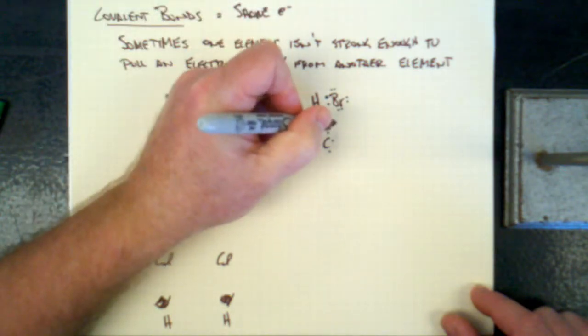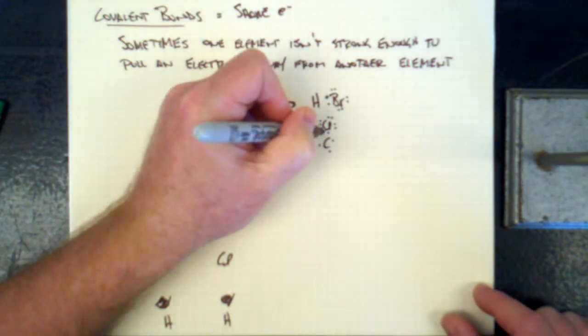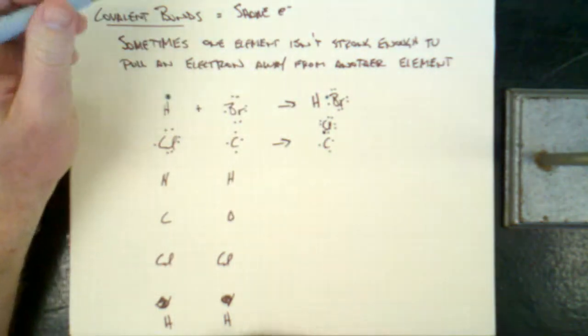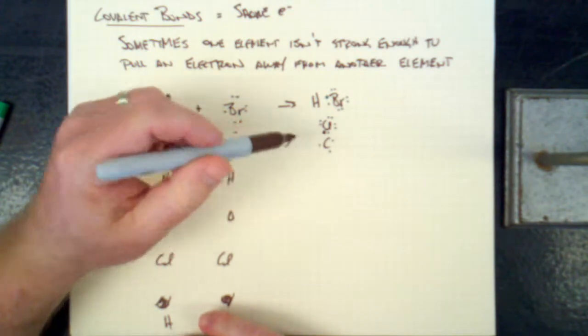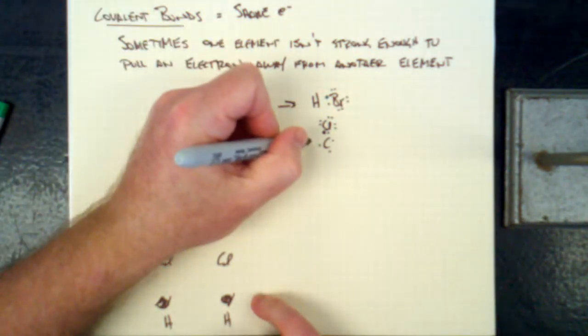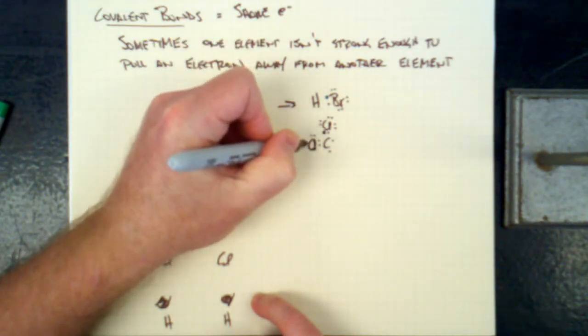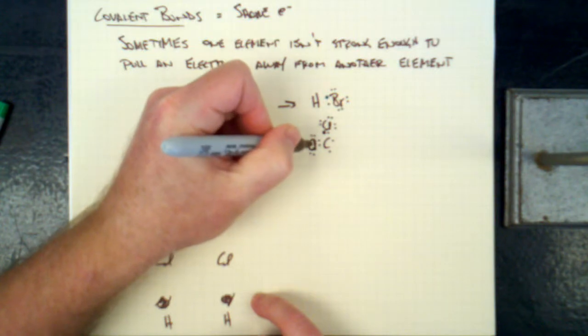So we get chlorine with 7. But carbon has room to take in more electrons, so it can take another chlorine with its 7 electrons. So it fills in to make 8 there.